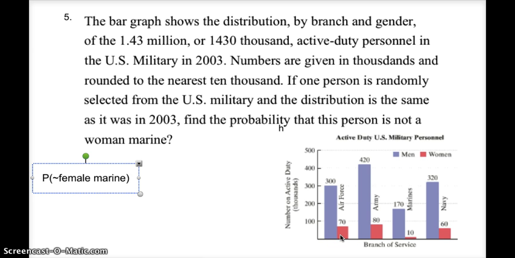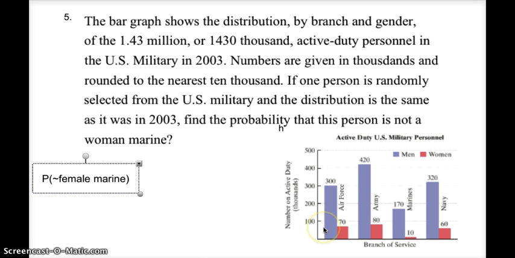I notice in this graph that purple is men, pink is women, and if I go to each one, I see that there are 300 men in the Air Force, 70 women, 420 men in the Army, 80 women, 170 men in the Marines, 10 women, 320 men in the Navy, and 60 women.